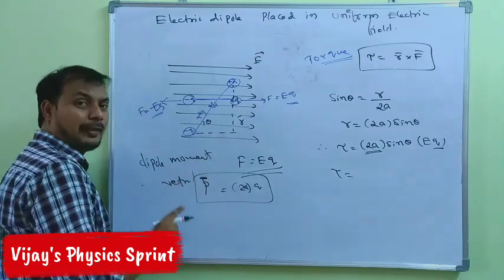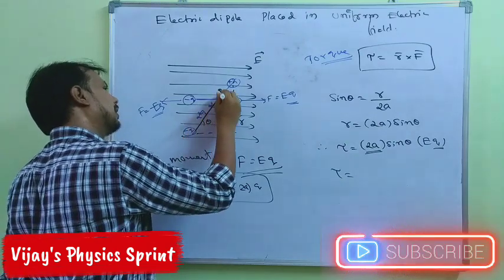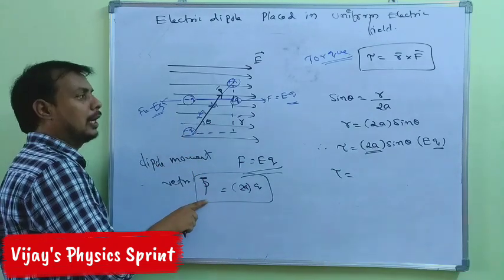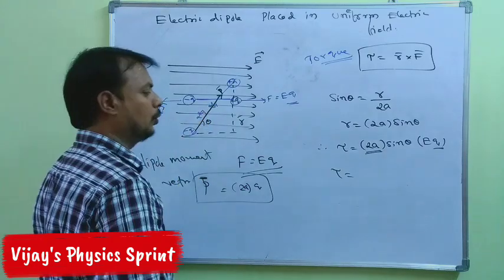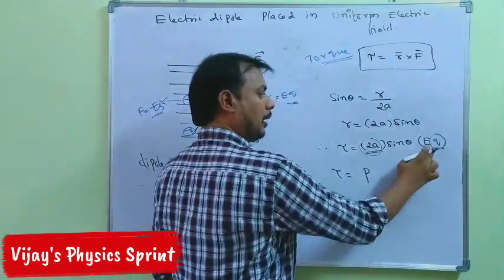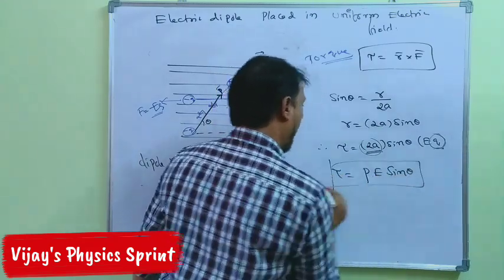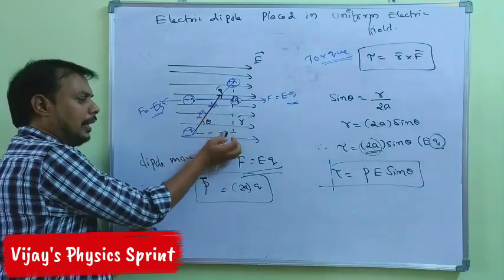The direction of the electric dipole moment vector is always from minus q to plus q. So 2aq is replaced with p, and we get tau equals p E sin theta. This is the torque acting on the electric dipole due to the external electric field.